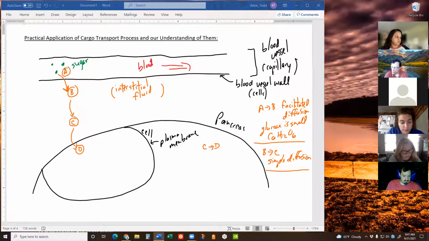Lauren, it would not be endocytosis. Glucose is too small here, so we're not going to use it that way. It is once again going to be a version of facilitated diffusion. You tell me in the chat window, is it going to be channel mediated or carrier mediated?